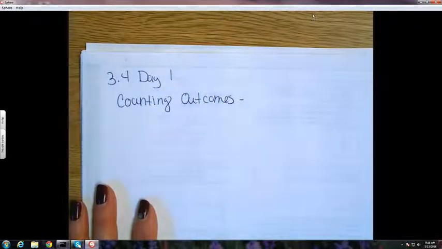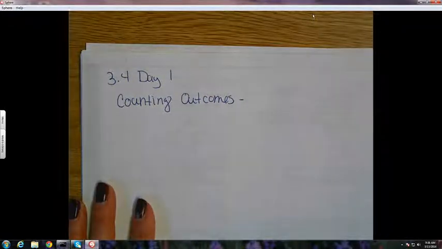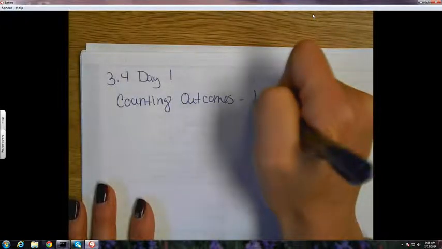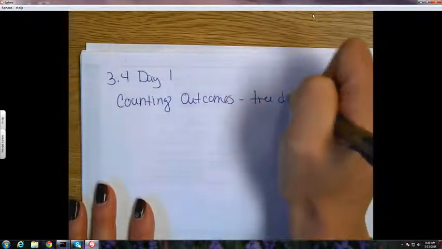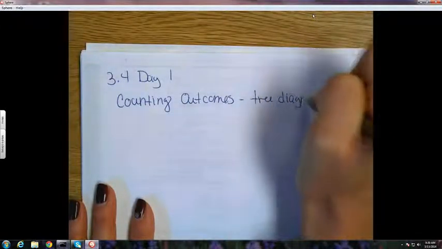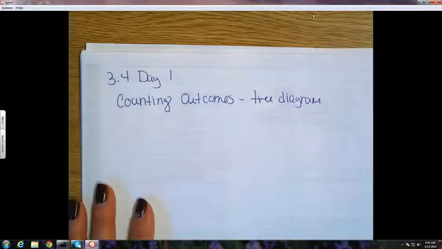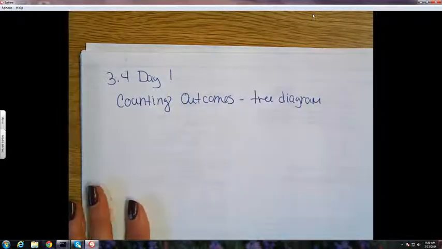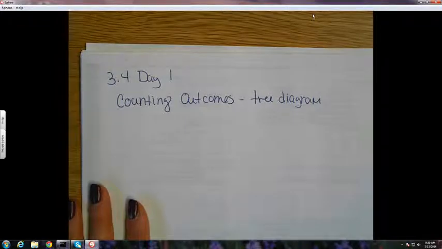Okay, counting outcomes. So far, the one way we've counted outcomes for multiple events is to make a tree diagram. This section gives us 3 more ways we can count outcomes of multiple events happening. We'll probably get through 1 or 2 of them today.